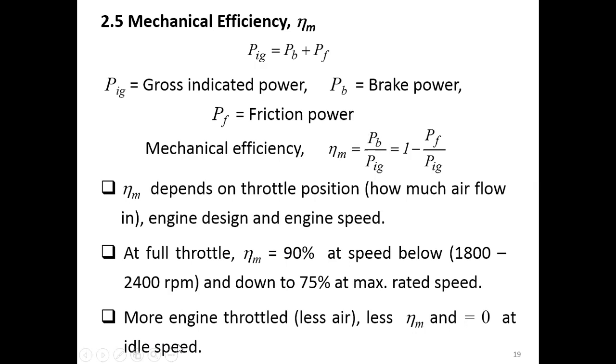That means you don't have power output coming out, or it comes out but you don't use it. That means zero. So PB is zero, and that's the reason why mechanical efficiency is zero. As long as you don't use that power for your own sake, you will consider that mechanical efficiency is zero. So it's zero at the idle speed.